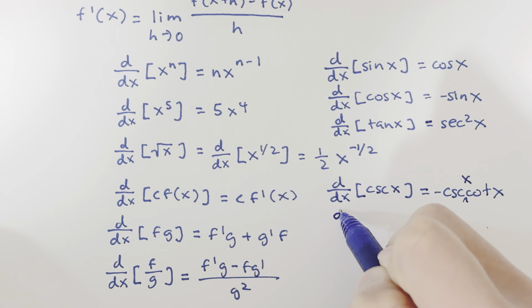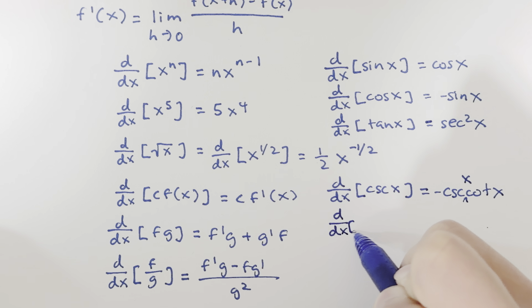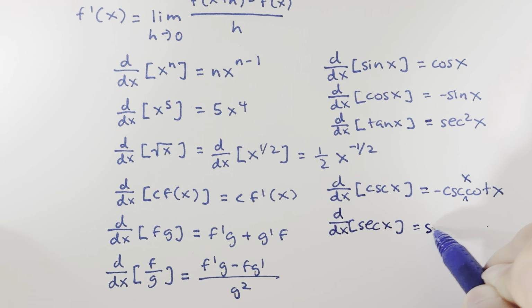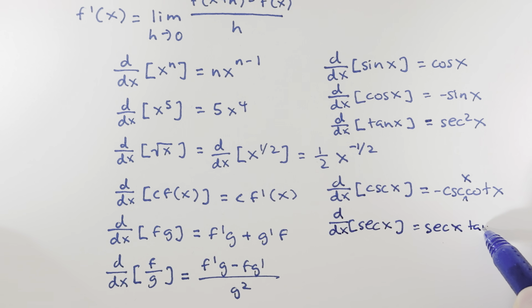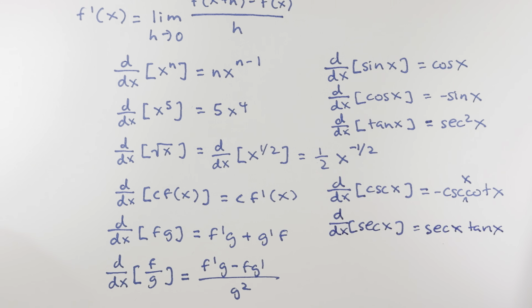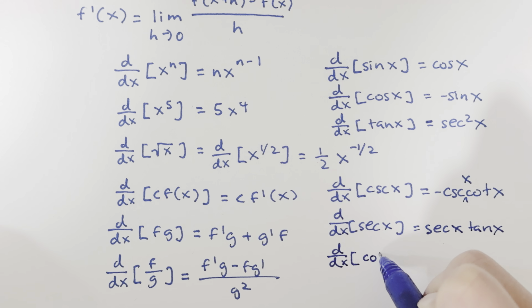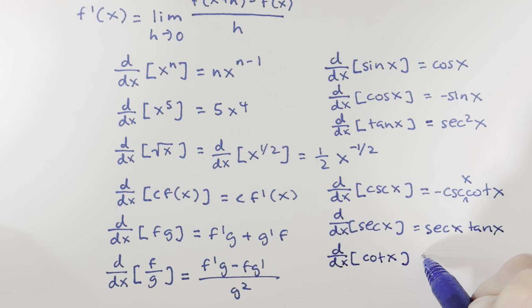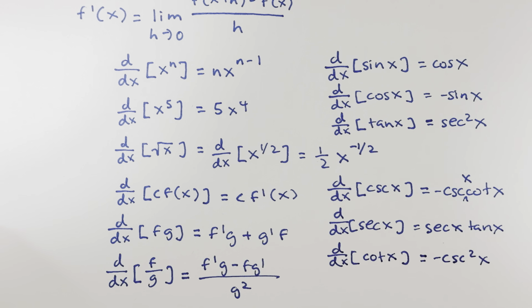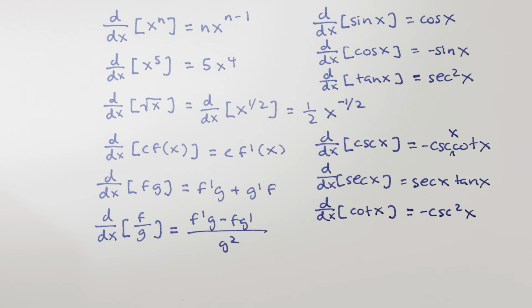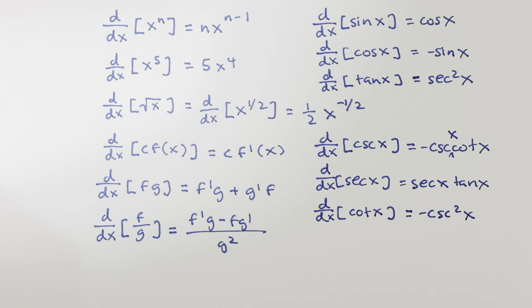And then d over dx of secant x is equal to secant x tan x. And then d over dx of cotangent of x is equal to negative cosecant squared x. So the cofunctions, cosine, cotangent, and cosecant, they all carry a negative sign. So it helps to save time if you know that pattern.